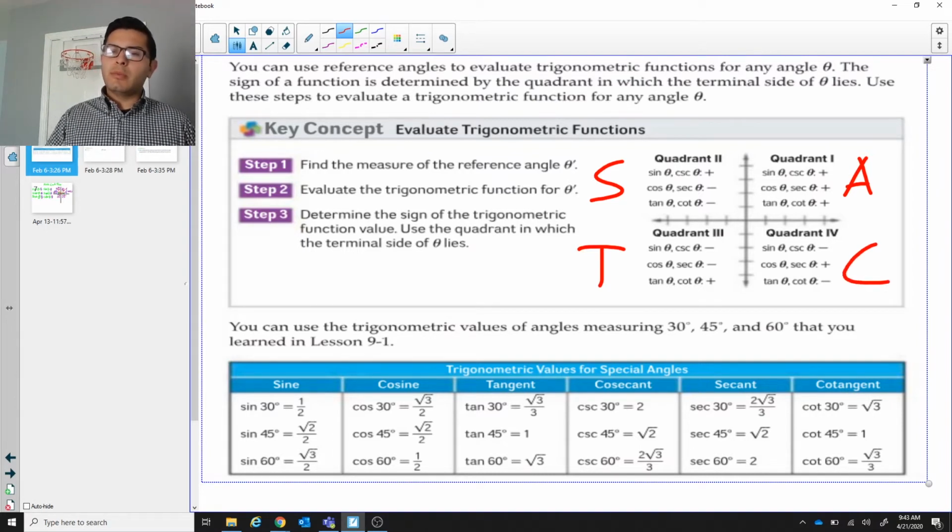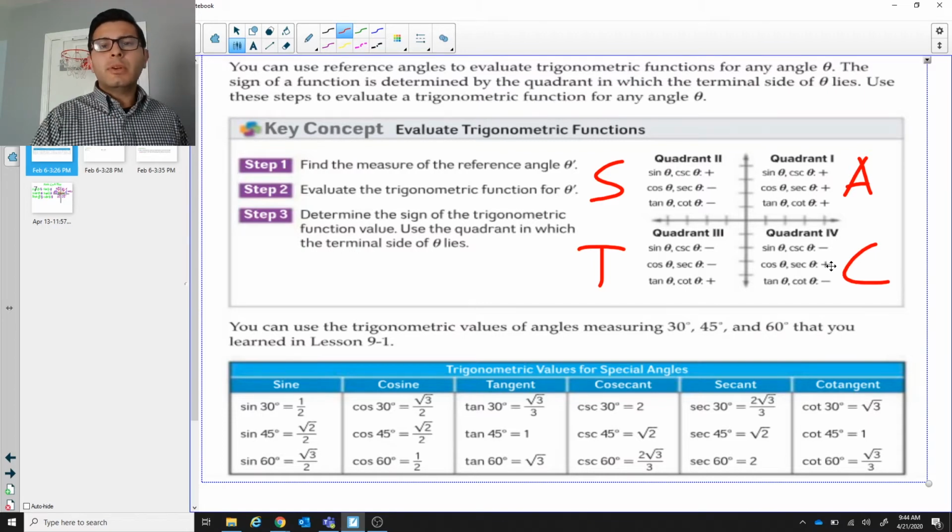That is why I memorized this one. So all students take calculus, and you should take calculus too. But as we can see here, the A does actually mean all. They're all positive. But in the second quadrant, sine is going to be positive and its reciprocal function. Here, tangent is going to be positive, and here, cosine is going to be positive, along with their reciprocal functions.